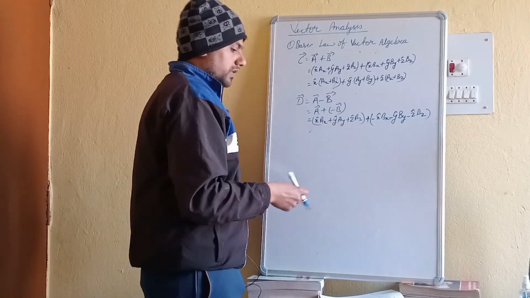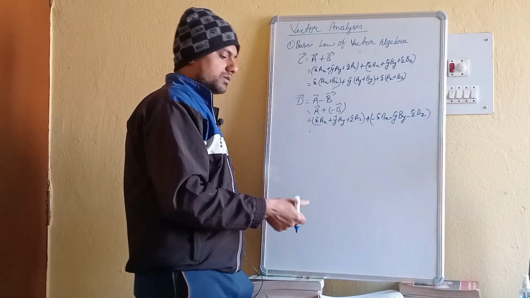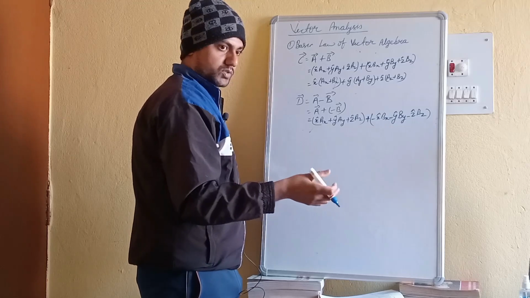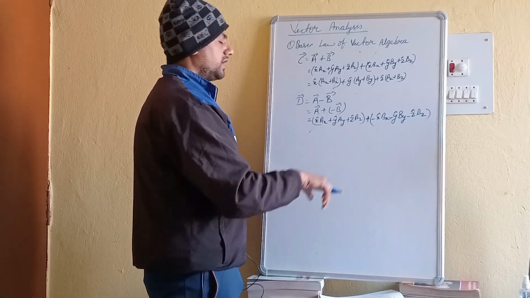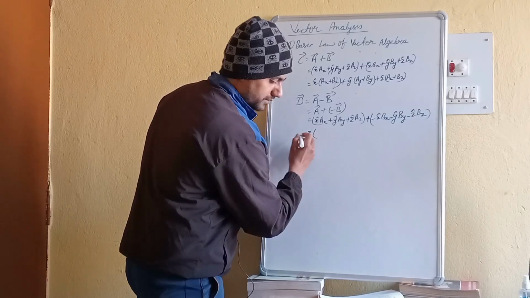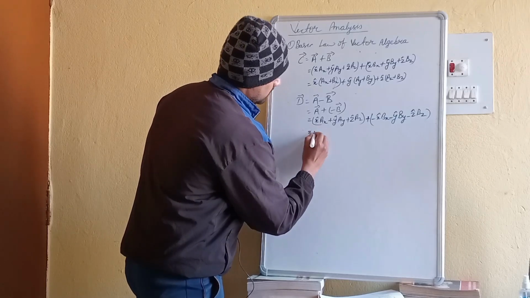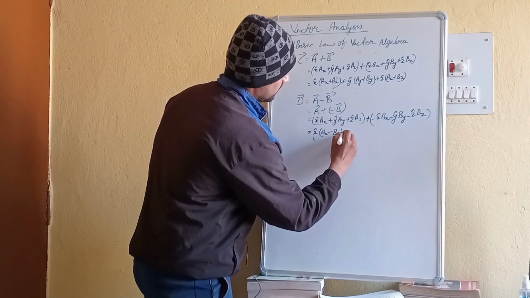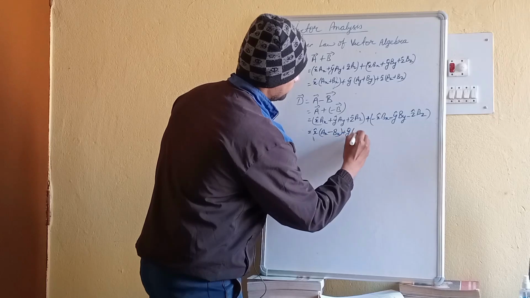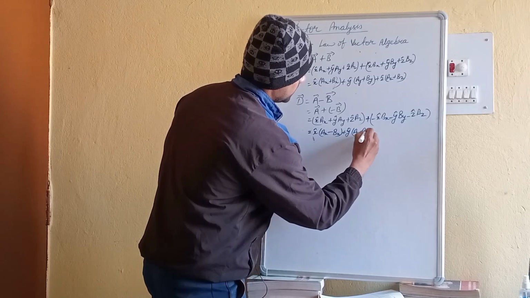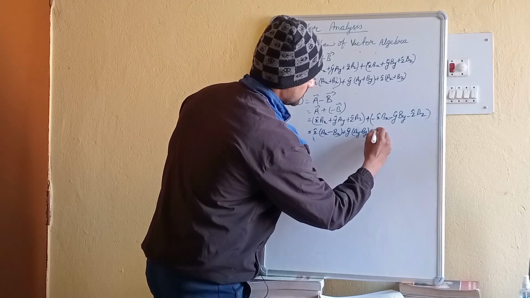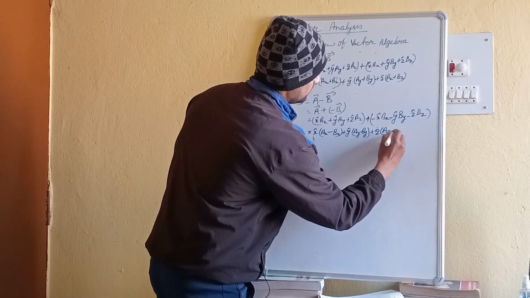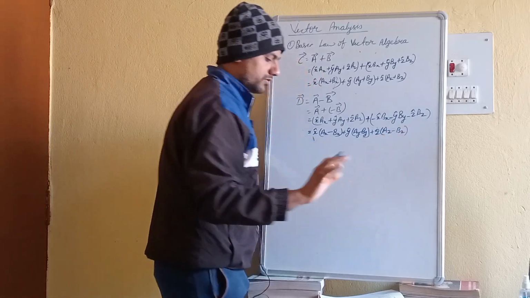So I'm using the concept of addition, but the minus represents a direction opposite to the earlier direction, so here we get subtraction. So we can write x cap (ax minus bx), plus y cap (ay minus by), plus z cap (az minus bz). So that's it.